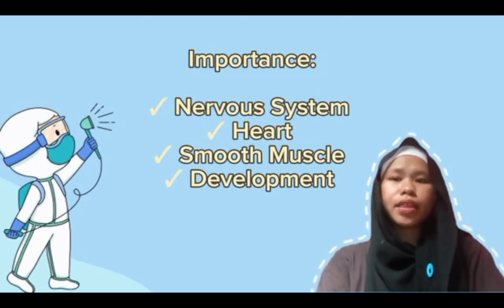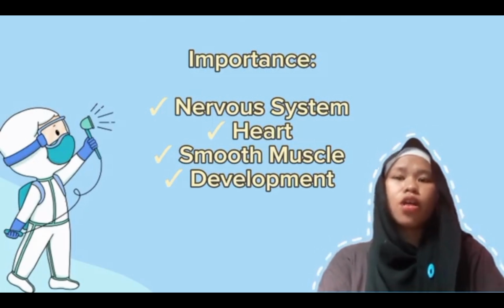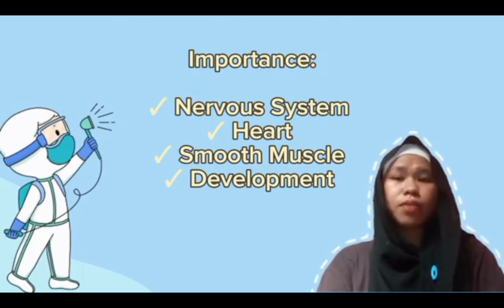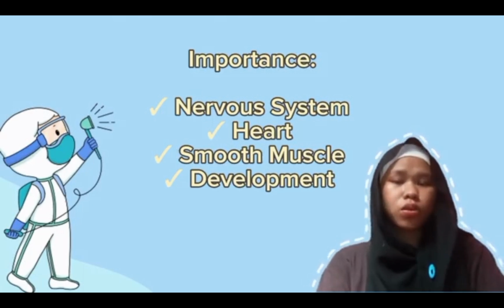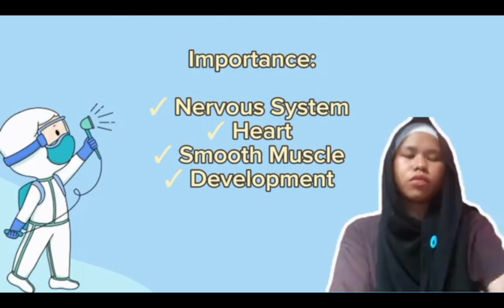Gap junctions facilitate the spread of electrical signals throughout the heart, ensuring synchronized contraction. And also in smooth muscle, gap junctions allow for coordinated contraction in smooth muscle tissue, such as the gastrointestinal tract.